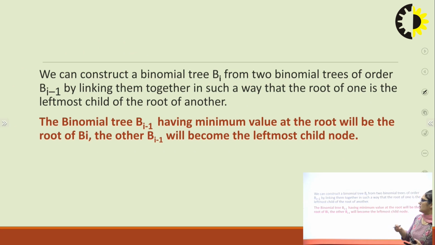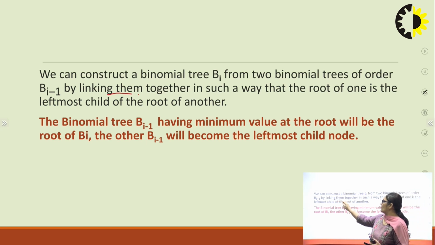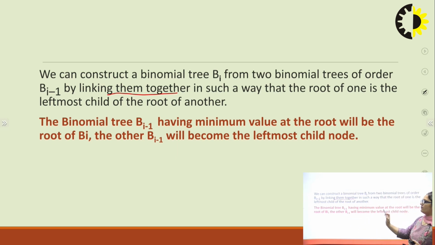So, if we have two binomial trees of the same order in our binomial heap, then it is not allowed, and to resolve it we have to link or merge them together in such a way that the root of one will be the leftmost child of the root of the other. That is, a binomial tree Bi minus 1 having the minimum value at the root will be the root of Bi, and the other Bi minus 1 tree will become the leftmost child node.